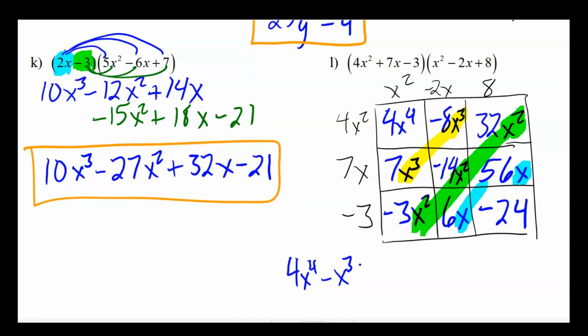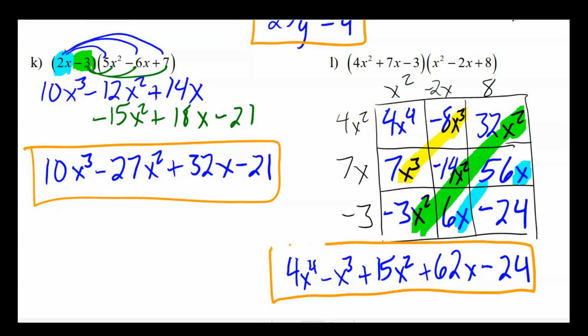I think that's right. 15x squared. I'm doing that in my head, so I'm not dedicated to that number, so hopefully that's correct. 6x plus 56x, 62x minus 24. And that is my final expanded answer, okay?